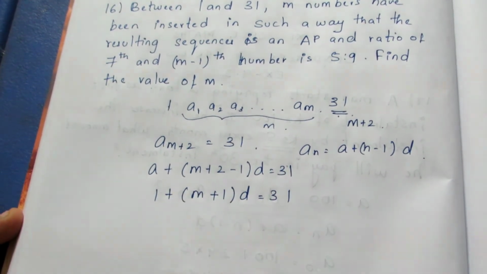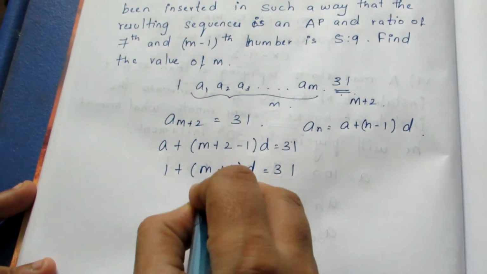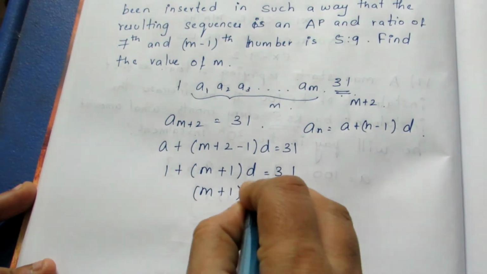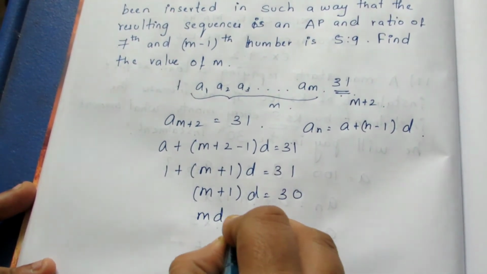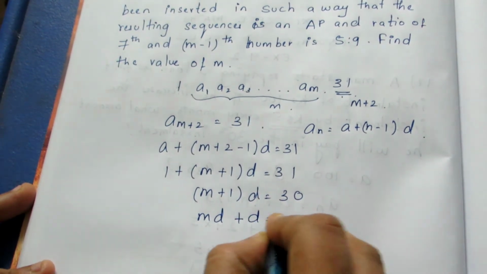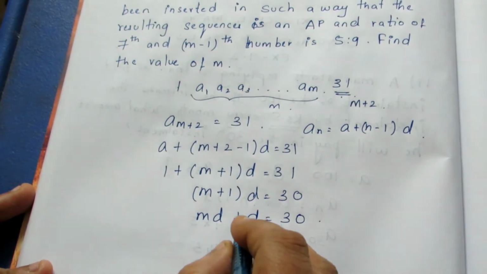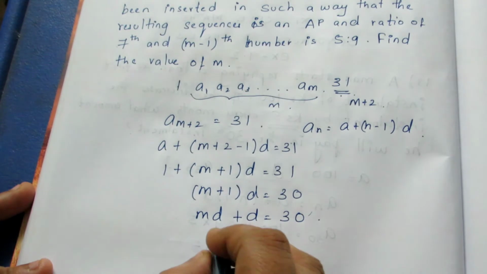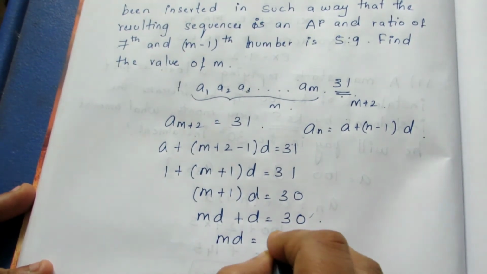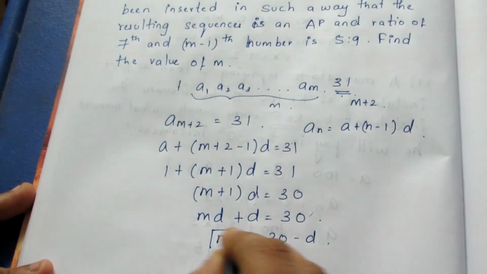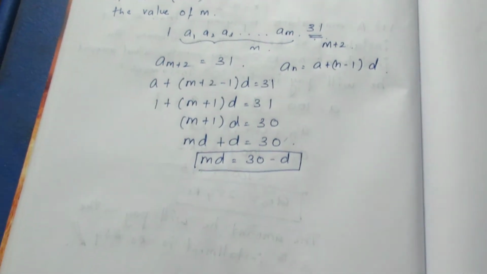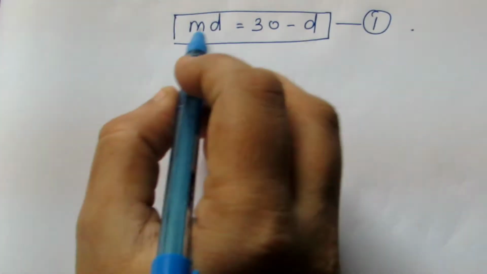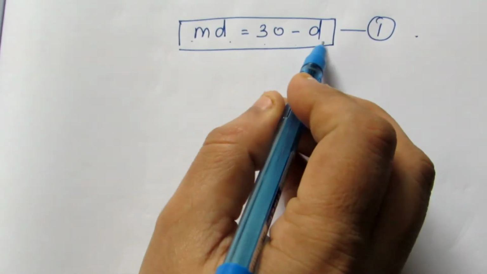If 1 goes to this side, it comes as minus, so m plus 1 into d equals 30. If I multiply this inside, it becomes md plus d equals 30. Let me take d to that side, so md equals 30 minus d. Wherever I see md, I'll substitute the value 30 minus d. So we got the first equation: md is equal to 30 minus d.